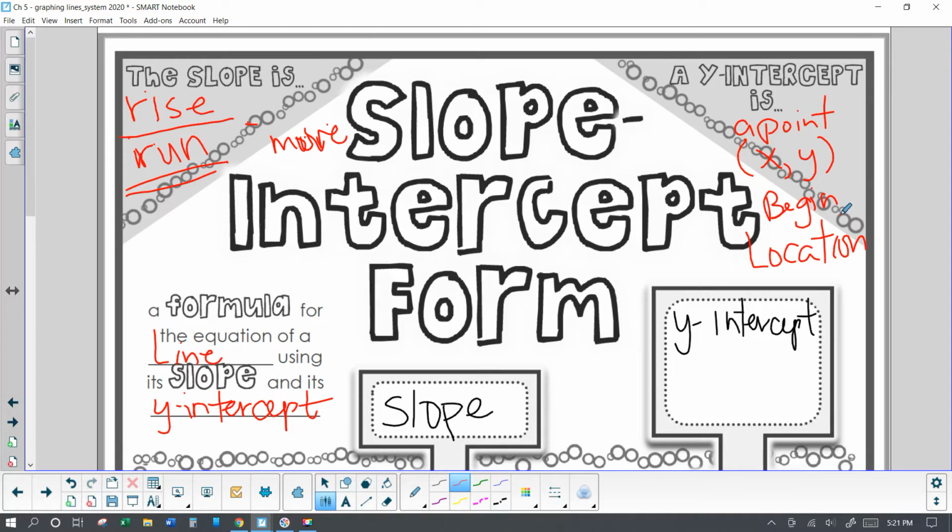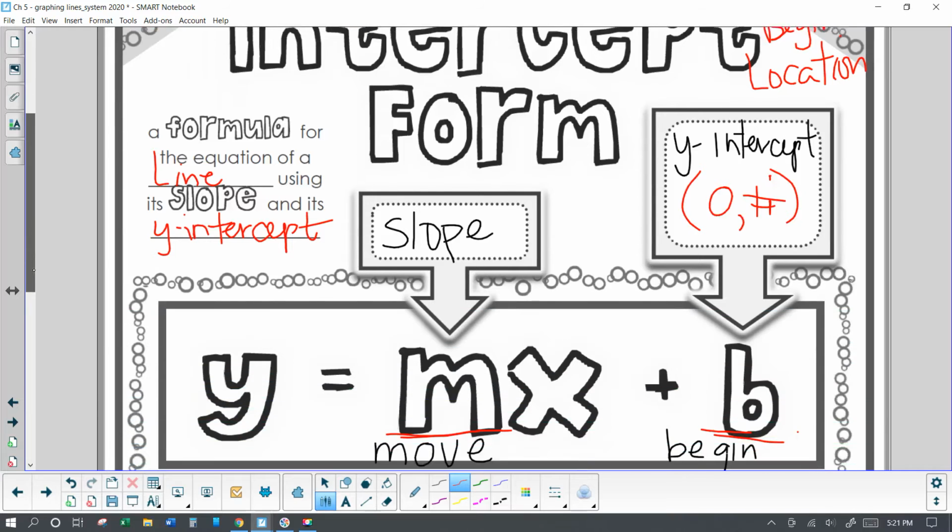If you'll remember, in this location, x is always going to be 0, and y is going to be a number. Whatever number our b is, that's what our y value is going to be. But x in this location is always going to be 0. So that hopefully will help us as we go through these steps for graphing.